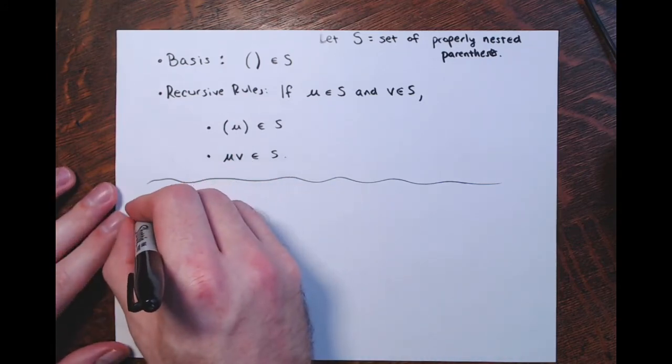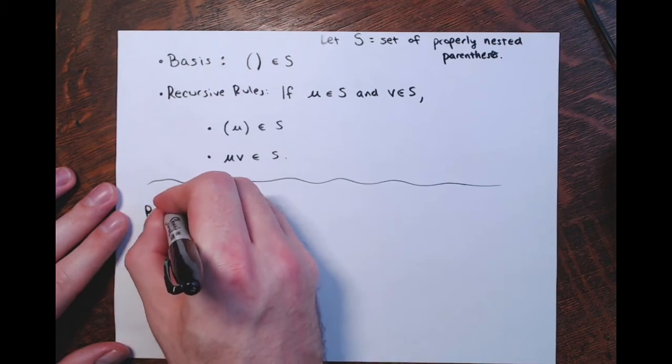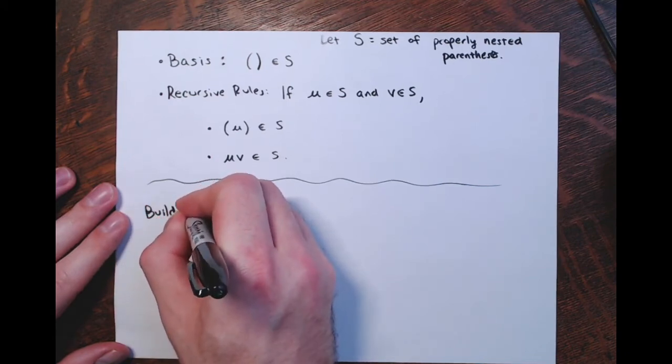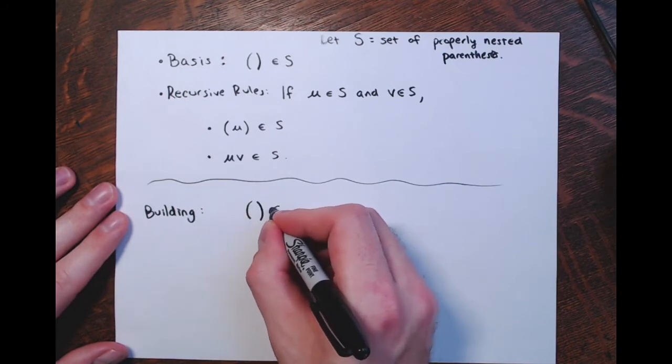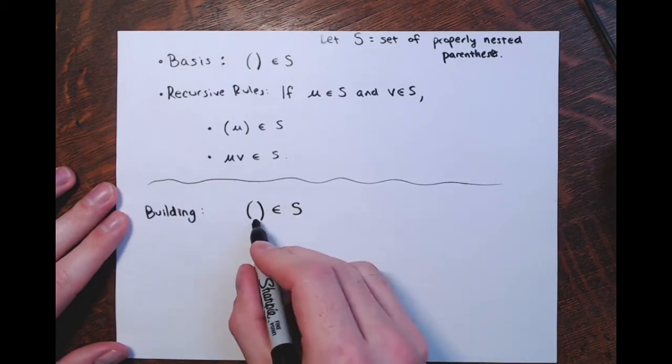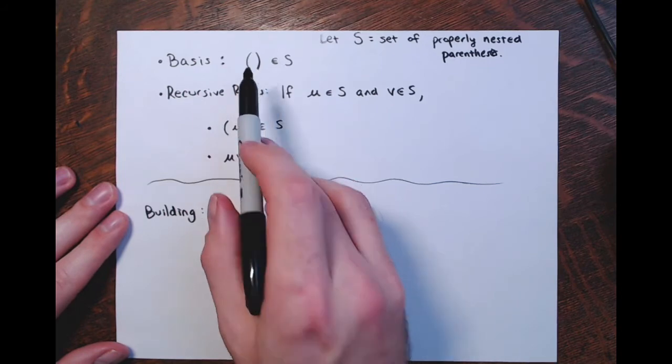So I'll just build some other elements here for you. We already know that this is in here, right? That was given to us in the basis, the base case.